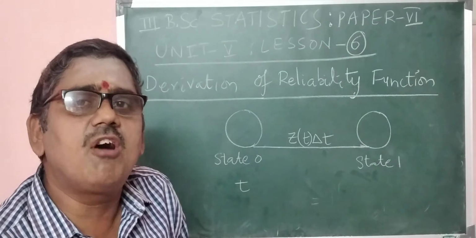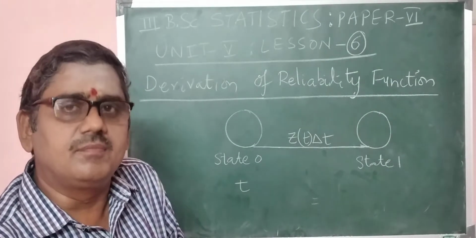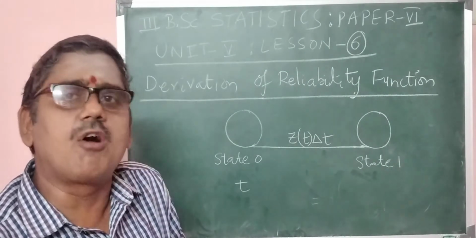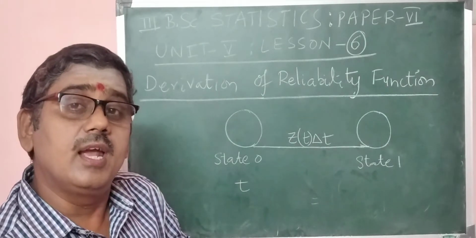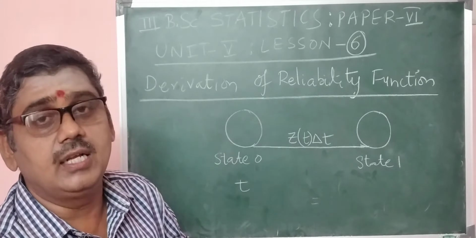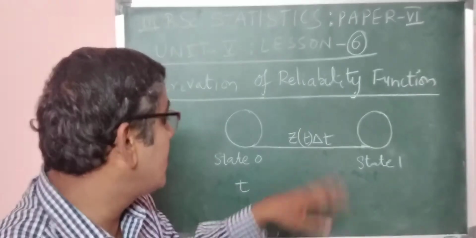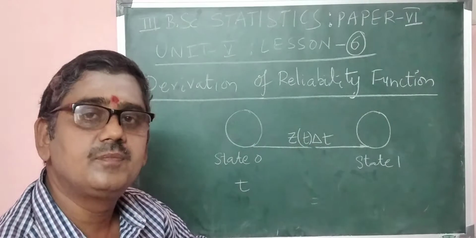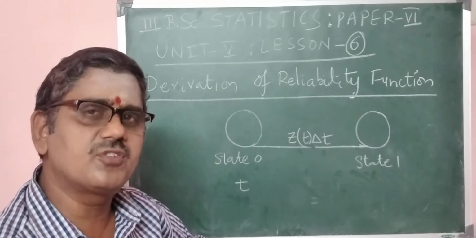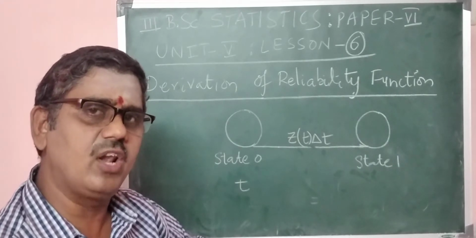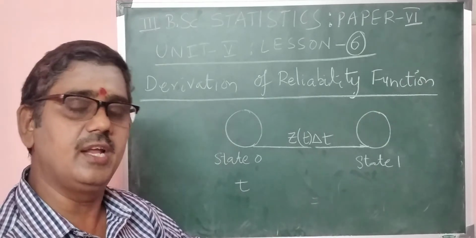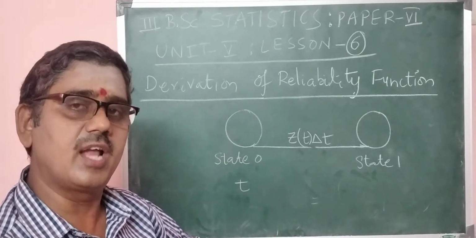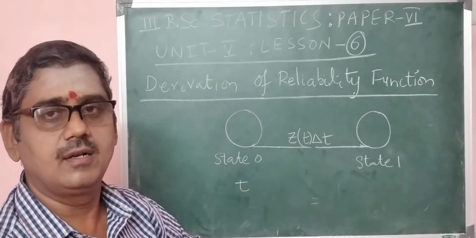So the probability of failure of an item, that is, a component will fail in the time period delta t, is going to be considered as z of t into delta t. The probability of survival, that is, a component will not fail in the time period t to t plus delta t.